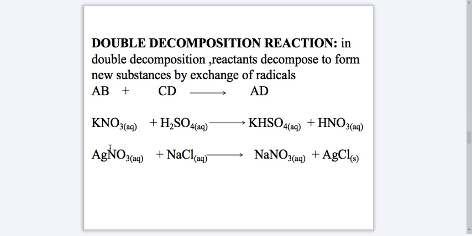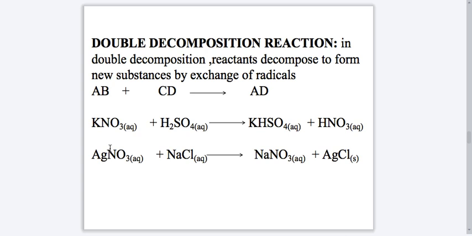How do they exchange the radicals? In the first reactant, NO3 minus is a radical that was exchanged with SO4 2 minus.